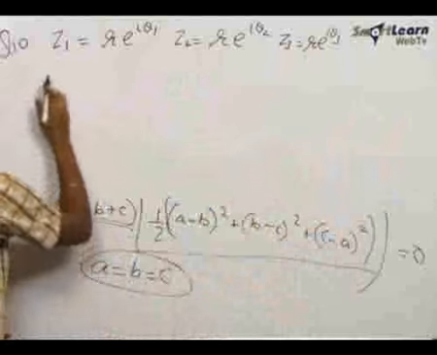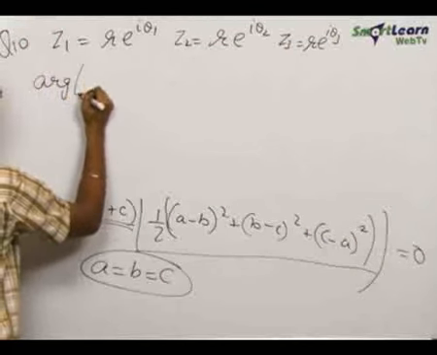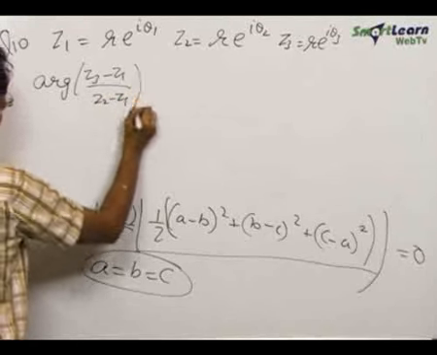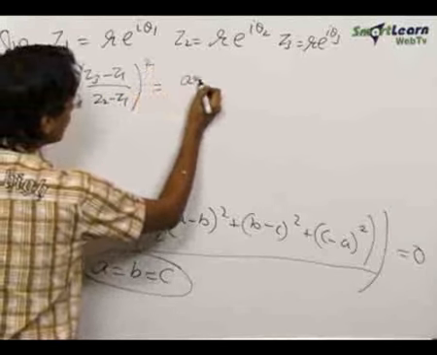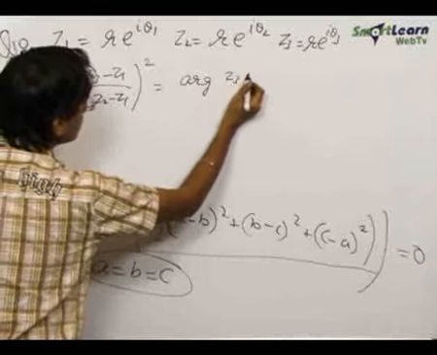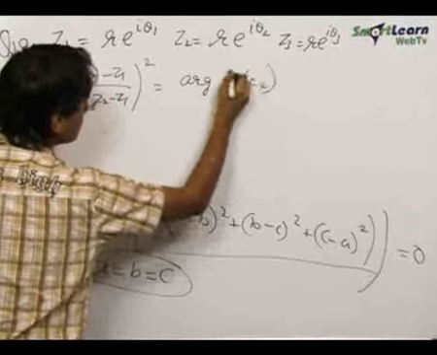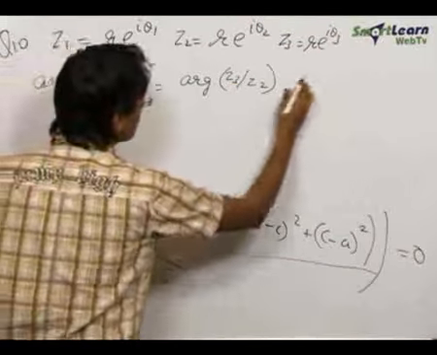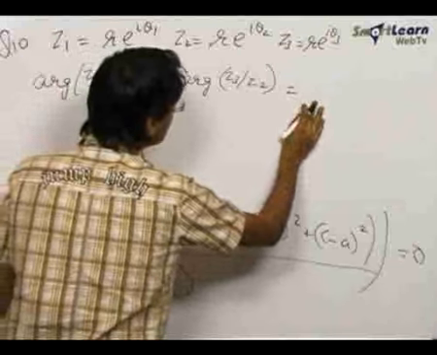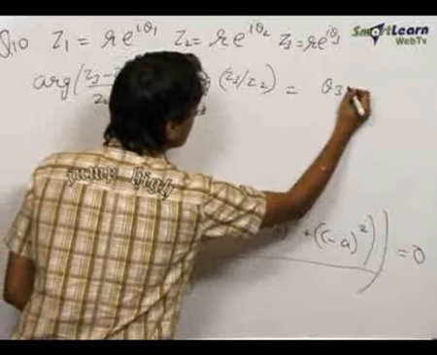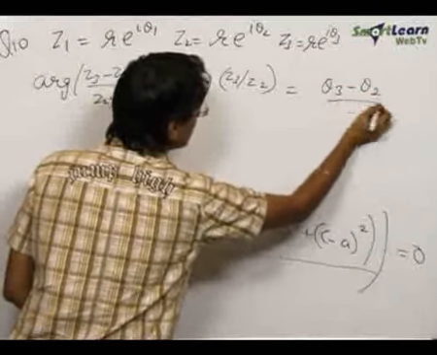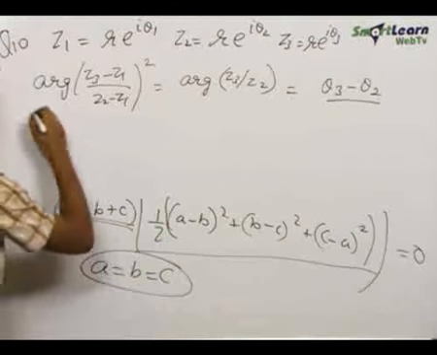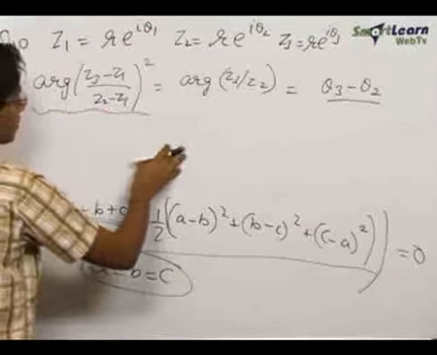We need to prove argument of ((z3 − z1)/(z2 − z1))² to be equal to argument of z3/z2. Definitely argument of z3/z2 is equal to θ3 − θ2. So we need to prove that the argument of this thing is equal to θ3 − θ2.